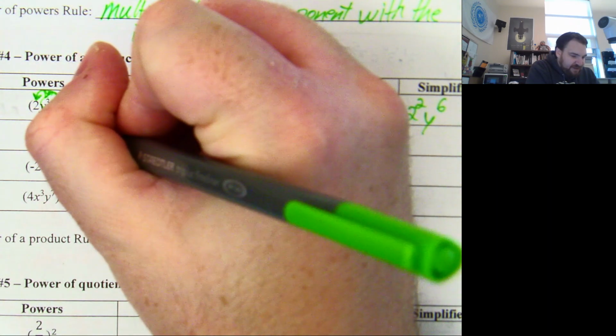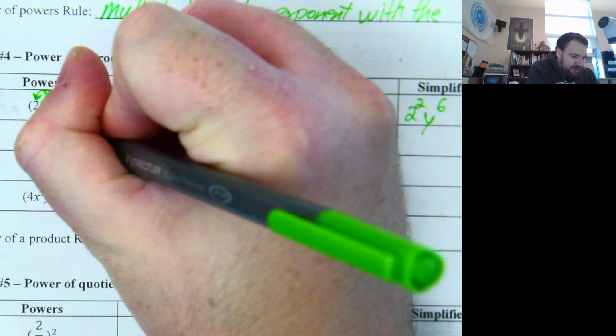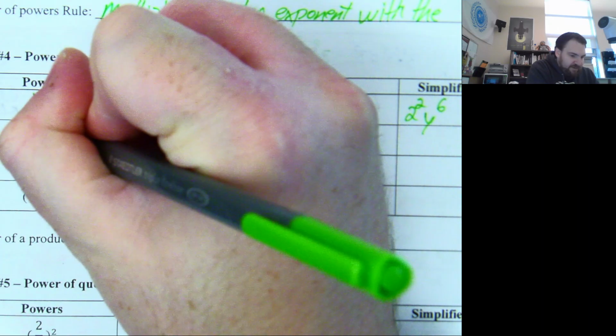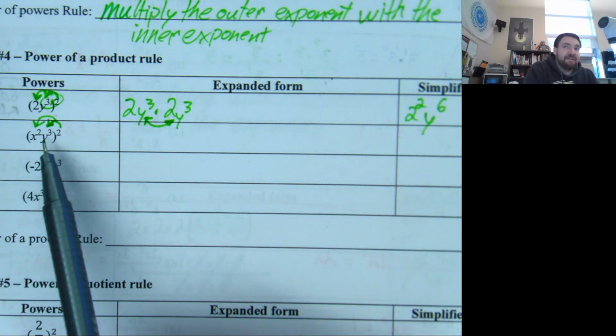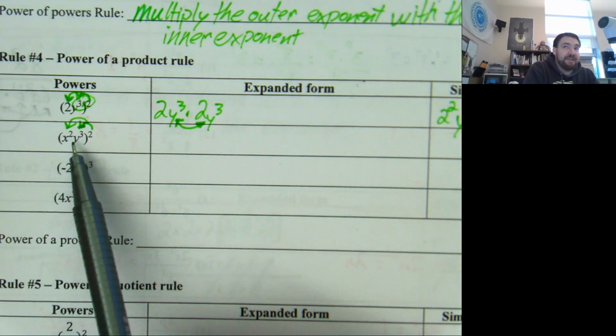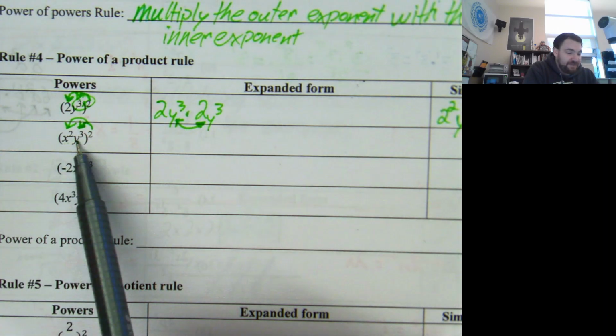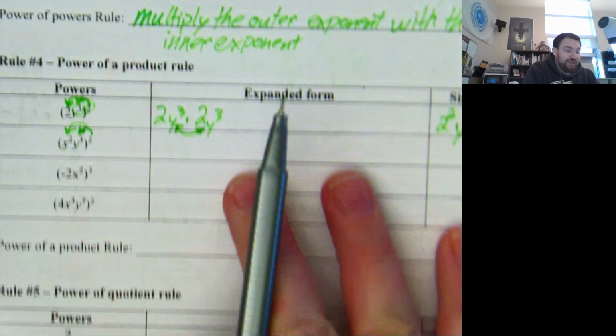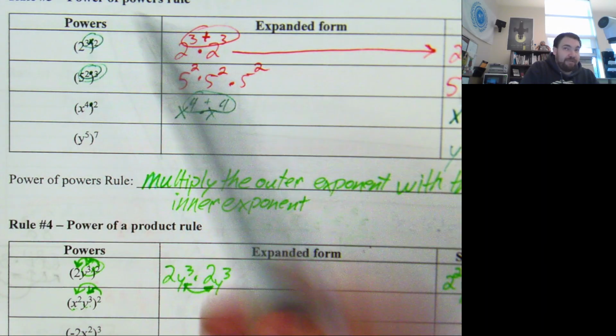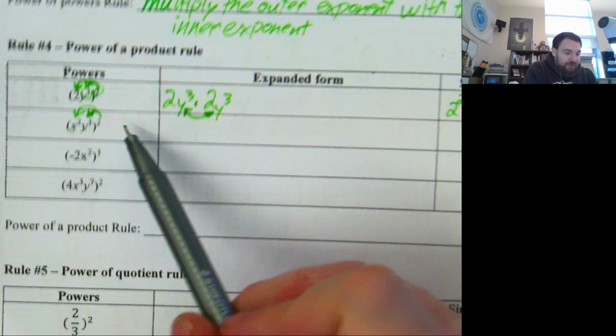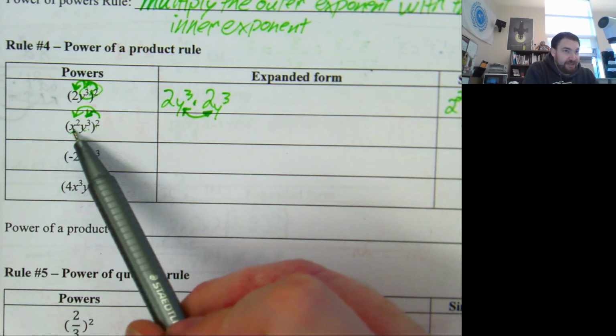On all 3 of these, the outer exponent needs to get applied to what's going on the inside. I've got two things multiplied together here, so that outer exponent's going to get applied to both of these pieces. And we're going to use this rule that we did up here. When I've got a power to a power, I'm going to multiply them together, and now I need to do it onto each piece.